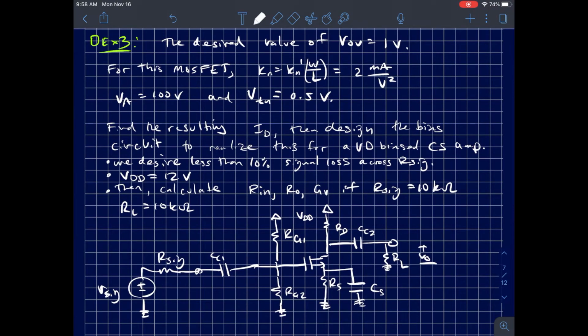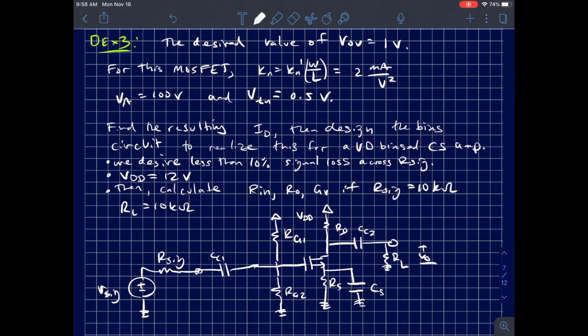In example 3, I have a much more robust question. What I'd like to do is find an amplifier design for a desired value of V overdrive equal to 1 volt. This MOSFET has Kn equal to 2 milliamps per volt squared, an Early voltage of 100 volts, and a turn-on voltage VTN of 0.5 volts.